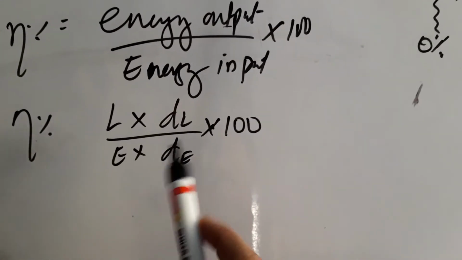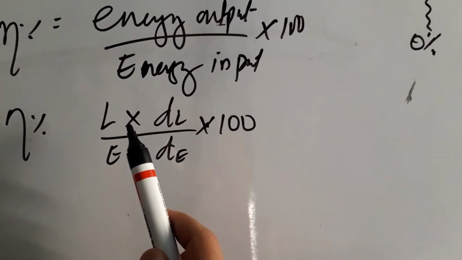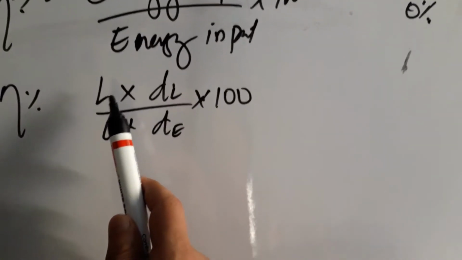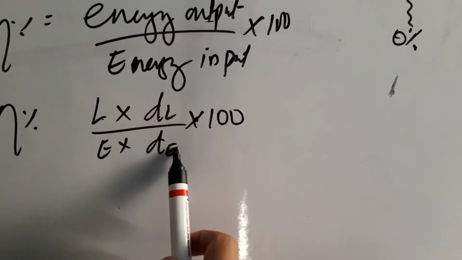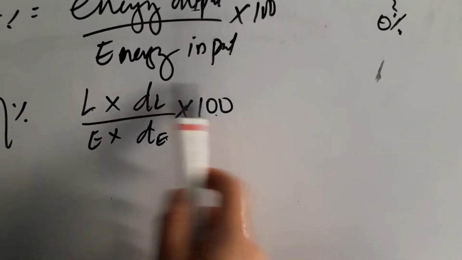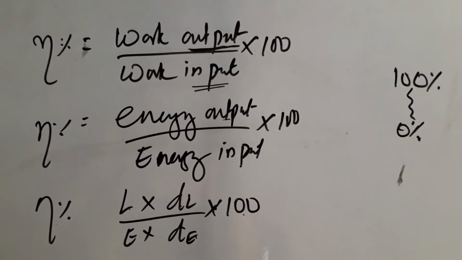Now sometimes we have to use movable machines like a pulley and crane. In that case we calculate using load times distance moved by load divided by effort times distance moved by effort times 100. So these three formulas are used for calculating the efficiency of machines.